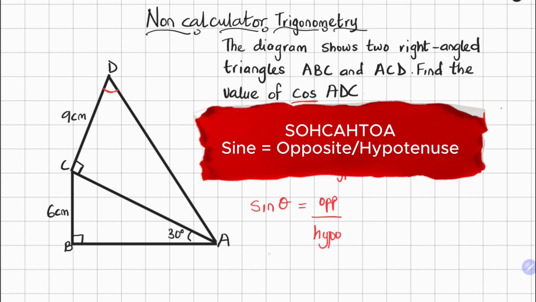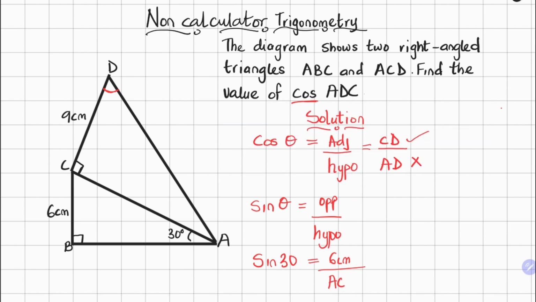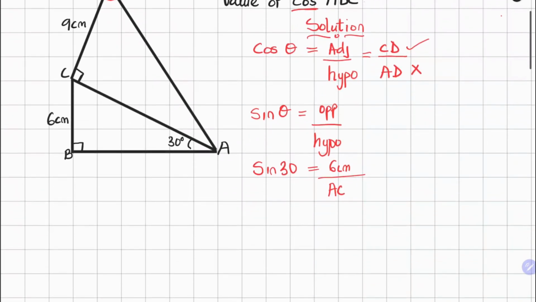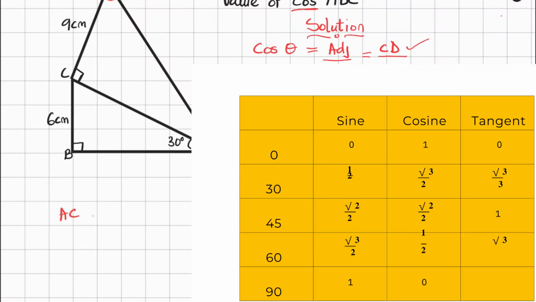Angle theta here is 30 degrees. So we know that sine 30 should give us the opposite, which is 6 centimeters, over the hypotenuse, which is AC. Now, changing the subject of our formula, we find that our AC should be equal to 6 over sine 30.